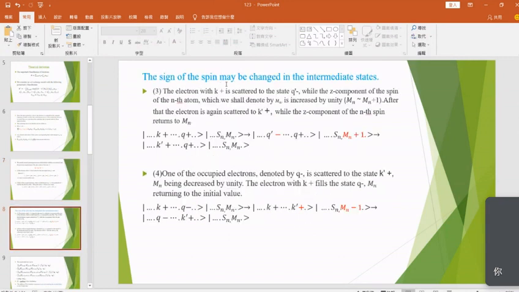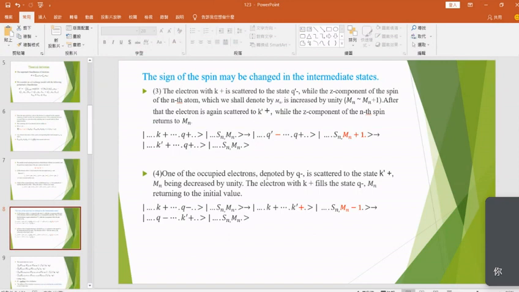And the sign of the spin may change in the intermediate state, so the spin may exchange through this process. If the initial electron has spin K plus and goes to Q prime minus, the impurity spin will increase by a unity, and then the final state recovers to Mn.